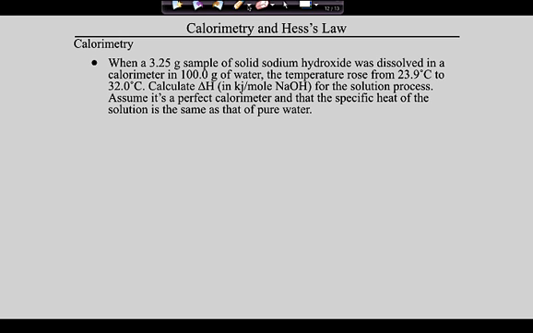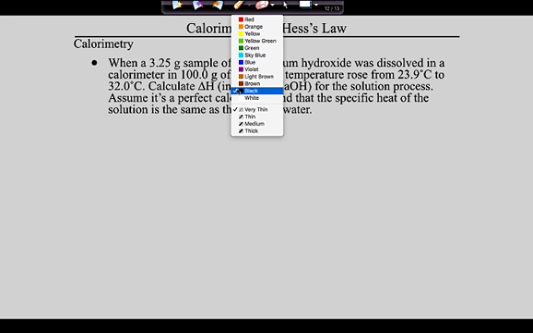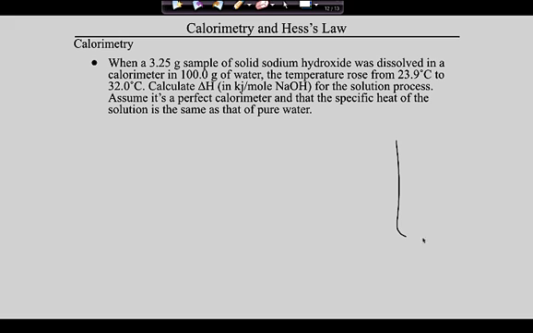So allow me, and you're welcome to join me if you'd like. It's helpful for me to draw a picture. So what does this look like? Well, guys, it looks like this. We've got some water in our calorimeter, and then we've got a chunk of sodium hydroxide. Now, guys, understand that that sodium hydroxide is a solid. We're not talking now about an acid-base reaction. We are treating sodium hydroxide as a salt. It's a solid, and we're going to dump it in water and let it dissolve.